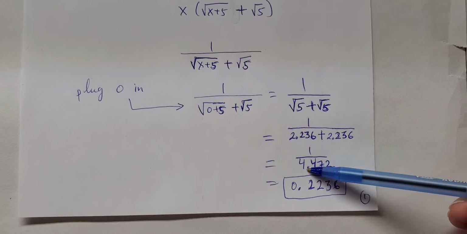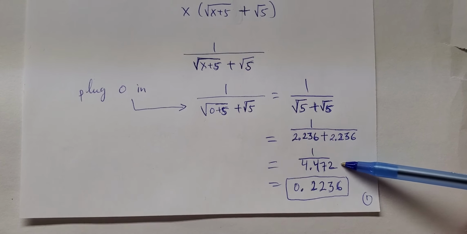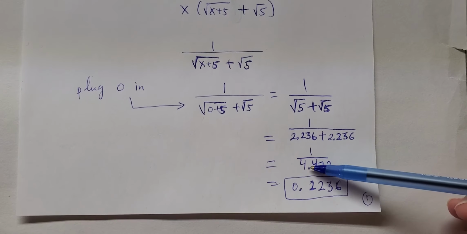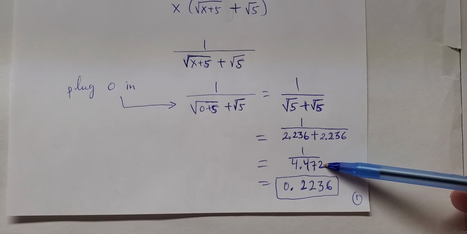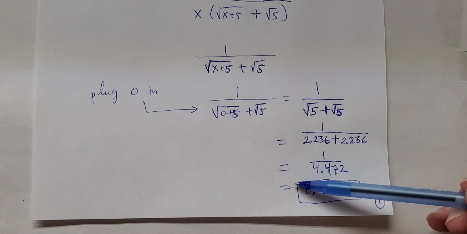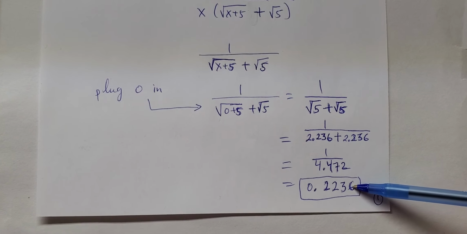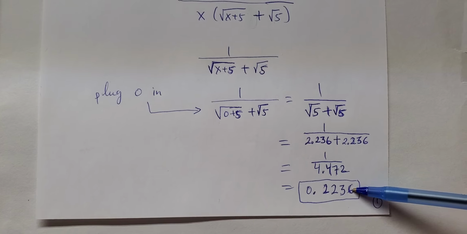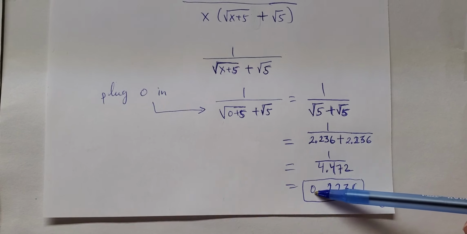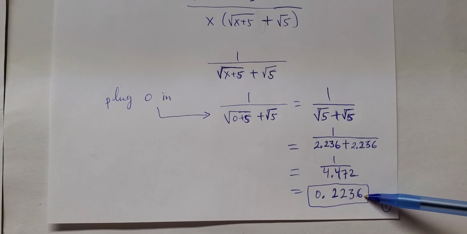Add them together gives me 4.472. Divide it: 1 divided by 4.472 comes out to 0.2236. Make sure you use 4 numbers after the decimal just to be accurate.